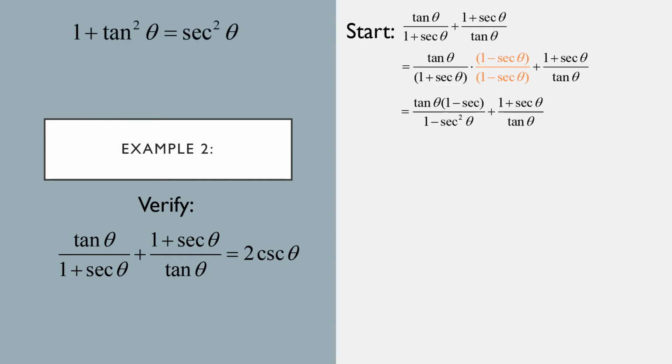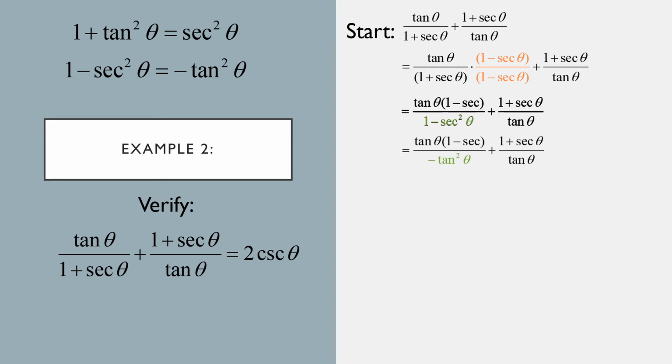Let's look at that Pythagorean identity. I would have to subtract secant squared from both sides and subtract tangent squared from both sides in order to find the correct substitution. So in that first denominator, I am going to replace 1 minus secant squared of theta with negative tangent squared of theta.